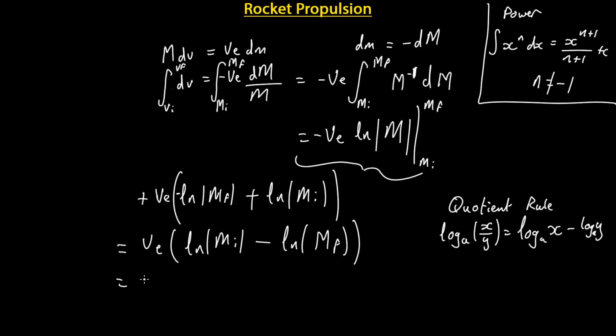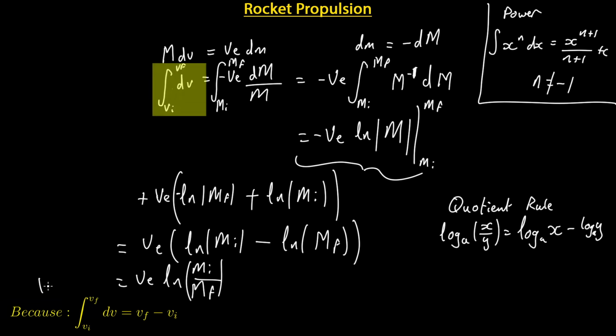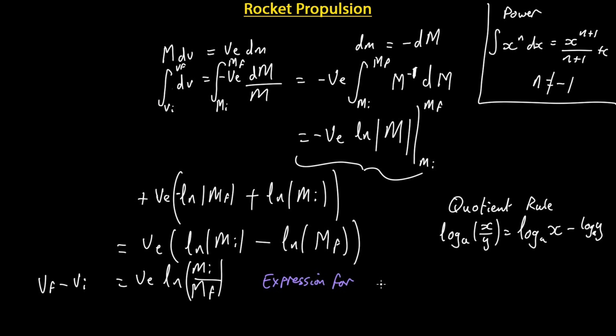So we get the velocity of the exhaust times the natural logarithm of the initial mass of the rocket divided by the final mass of the rocket. And this is equal to the change in the velocity of the rocket itself. And this is the expression for the rocket propulsion.